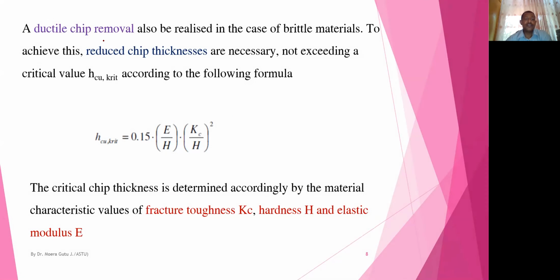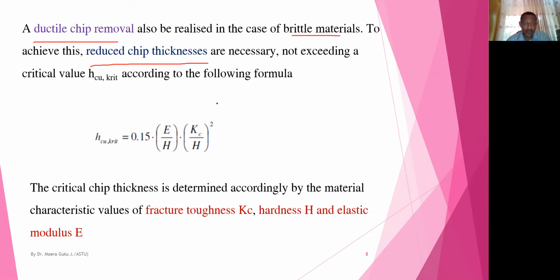Will a ductile chip removal also be possible in the case of brittle materials? This means even if you are machining brittle materials, a ductile chip removal can be maintained, or you can achieve a ductile chip removal process. To achieve this, a reduced chip thickness is necessary.